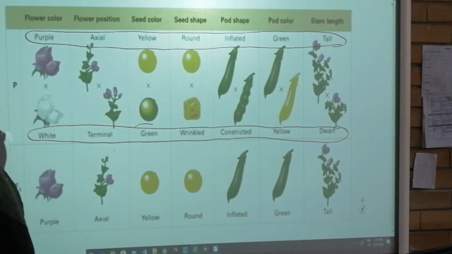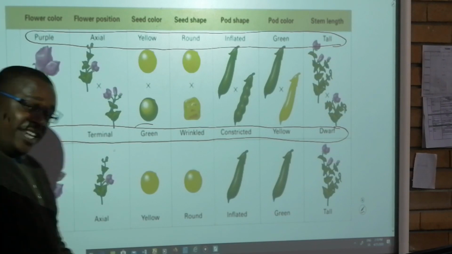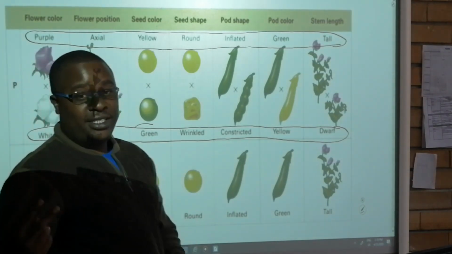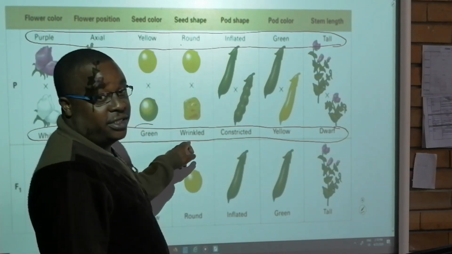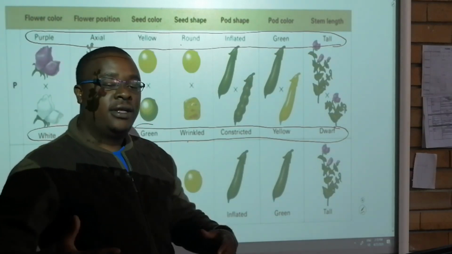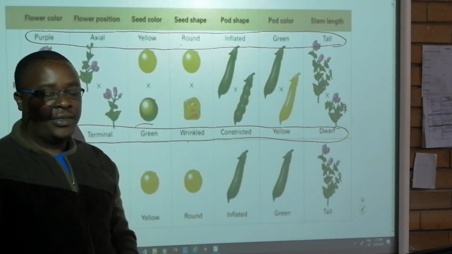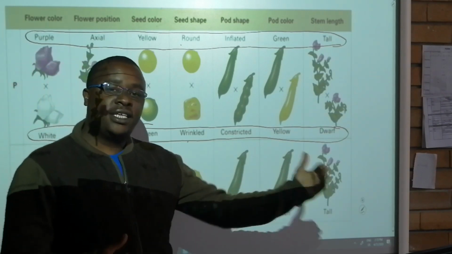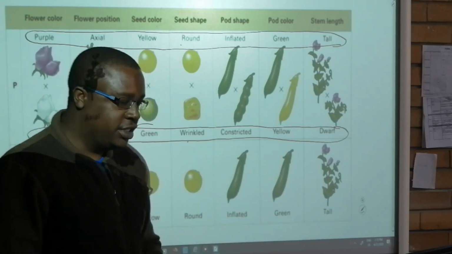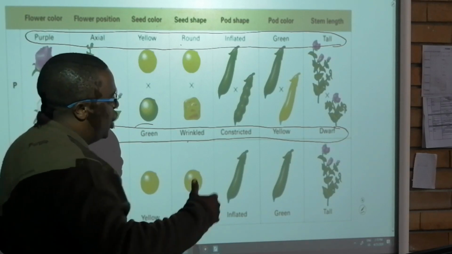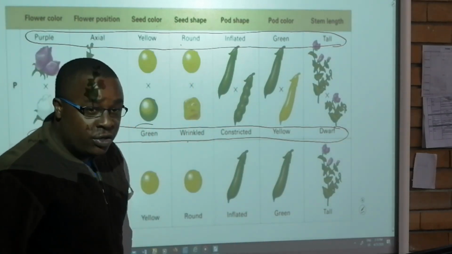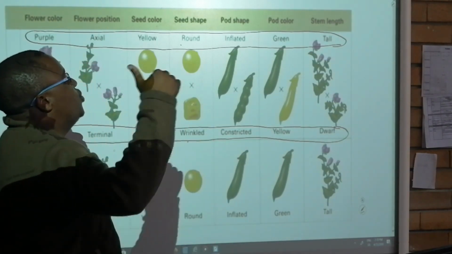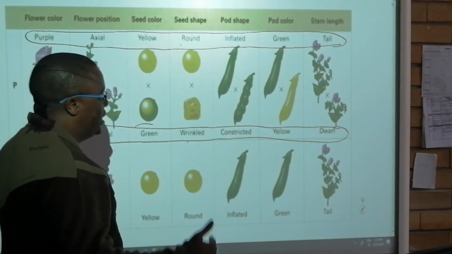Let's look at seed shape. In seed shape, we have two adults, round and wrinkled. Let's write the genotype by the laws and the guidelines that we've been given. Which one is dominant? Round. Round is dominant over what? Wrinkled. So which letter do we take to write the genotype?